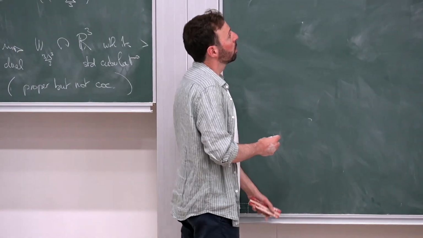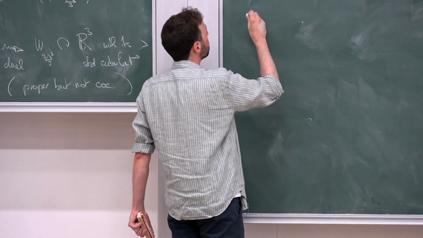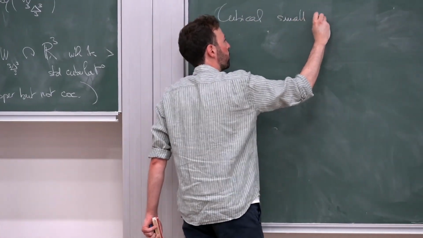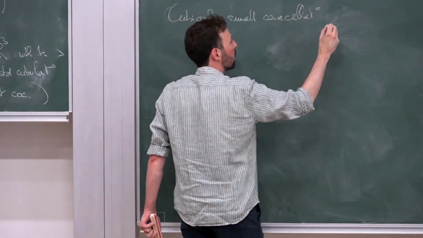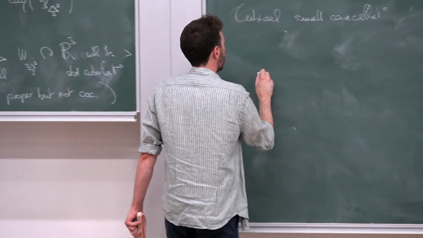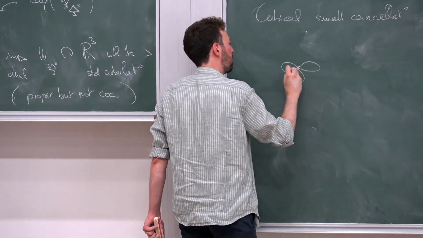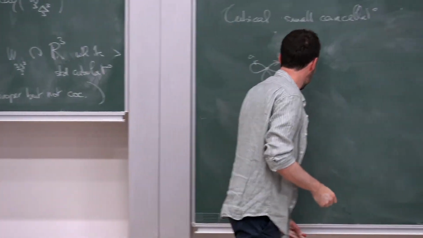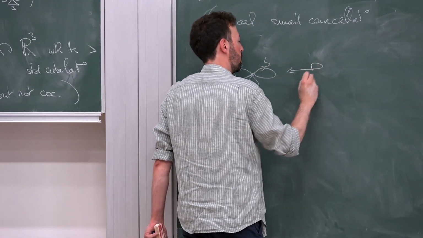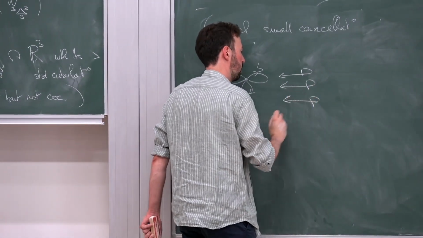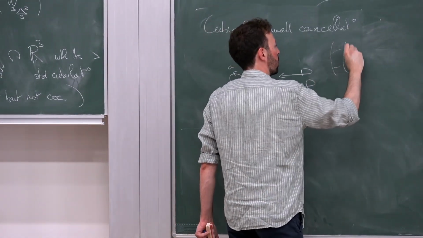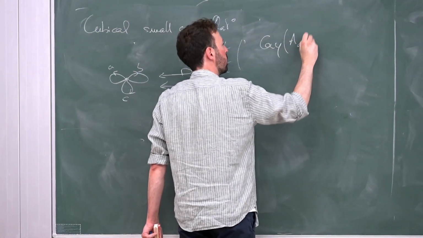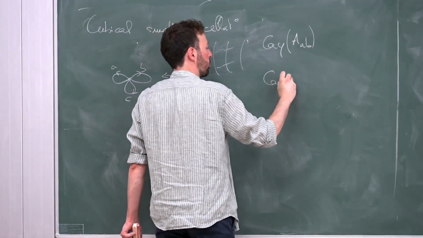What is really happening here is that it fits the cubical small cancellation framework of Wise, namely that we're going to be looking at the following presentation, but instead we're going to be taking as our new relators the Cayley graphs of all these Artin subgraphs.